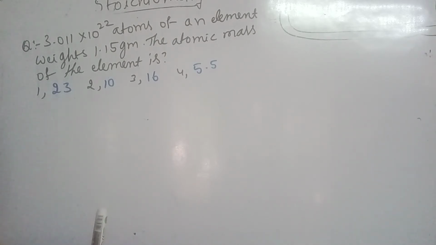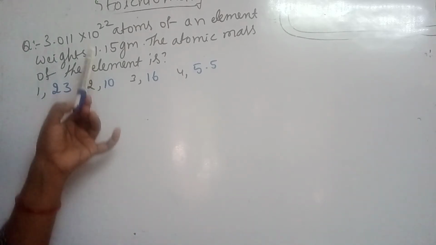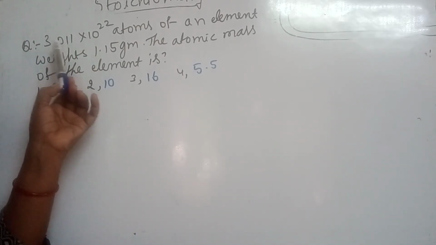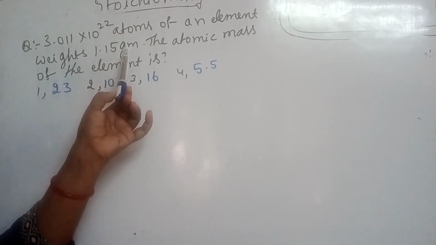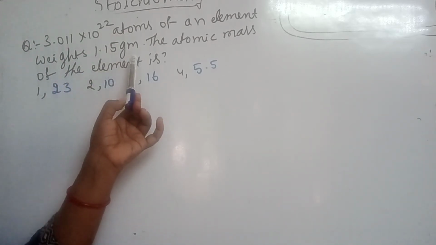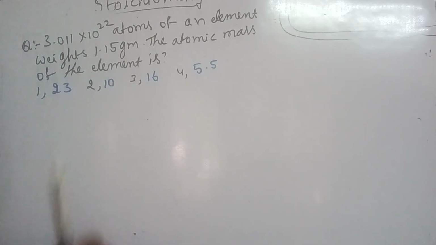That is called Avogadro's constant. In this problem, for 3.011 into 10 to the power of 22 atoms, the weight given is 1.15 grams.